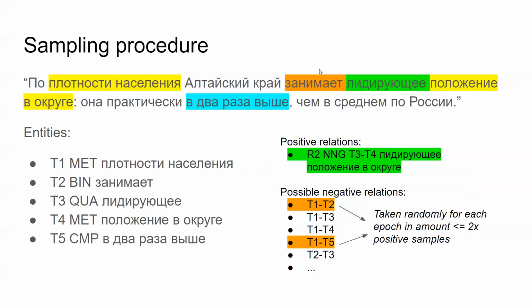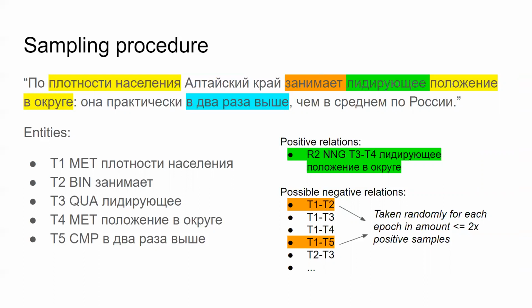So, let's switch to our solution for the second task. To solve this problem, we reduced it to a relationship classification task like SemEval 2010 task 8 by sampling sentences for each pair of entities. But if we take all possible pairs of entities for each sentence, the train epoch will be too long.